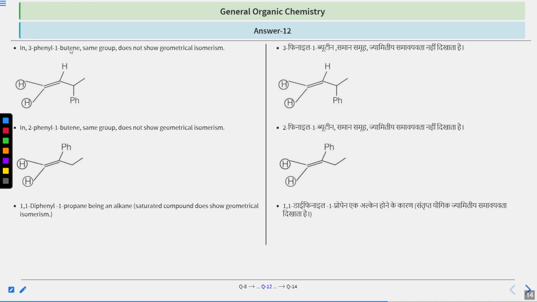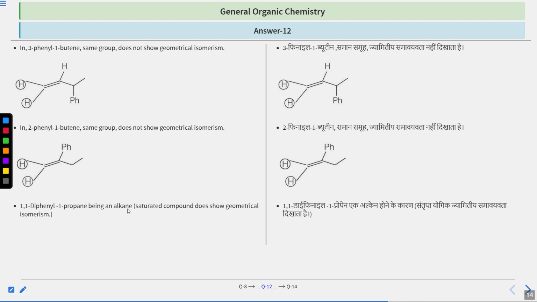So in 3-phenyl-1-butene, the double bond between two carbons is present, but different groups are not present on these carbons, right? In 2-phenyl-1-butene also, the same situation does not show geometrical isomerism. Again, in this case also, it does not show geometrical isomerism.